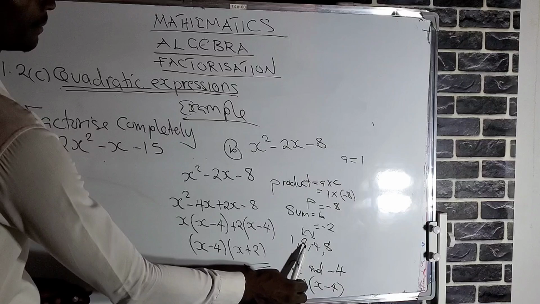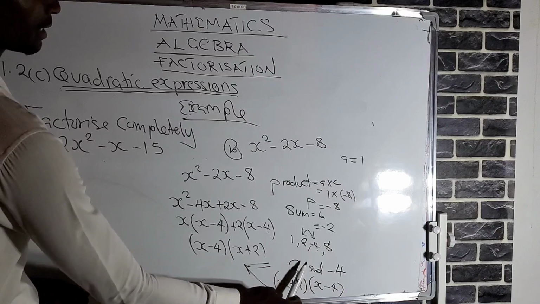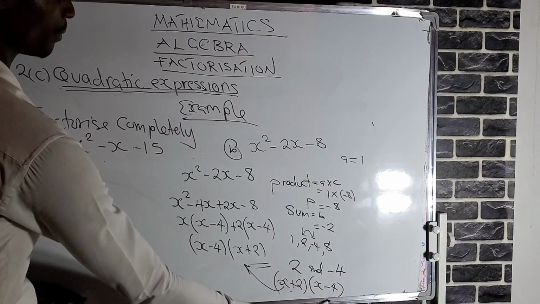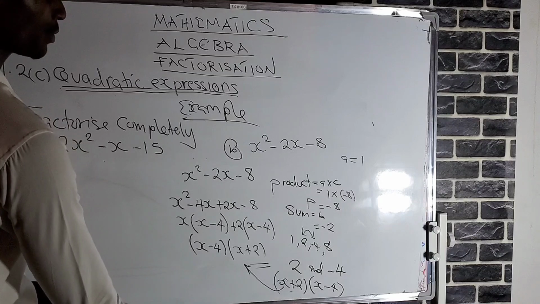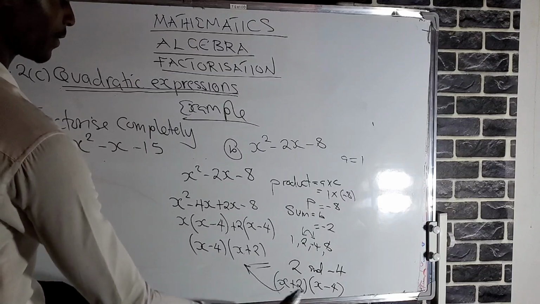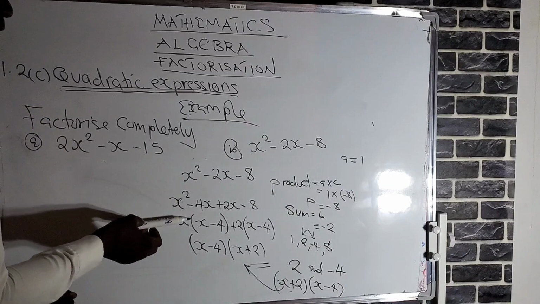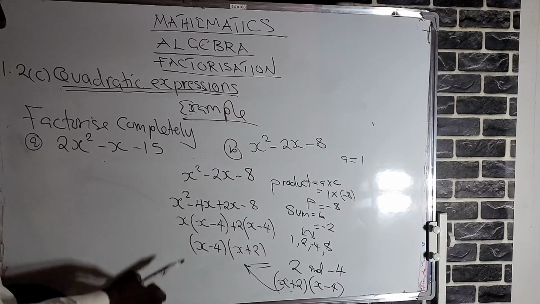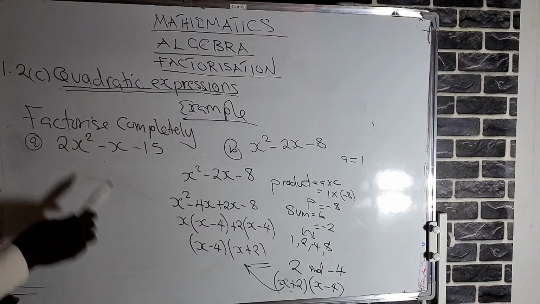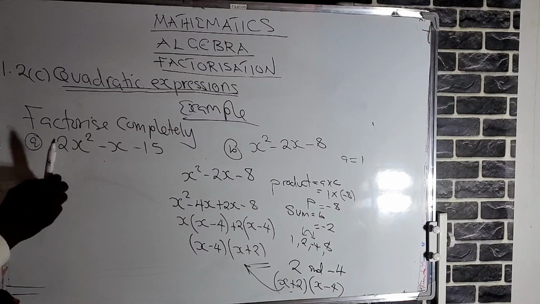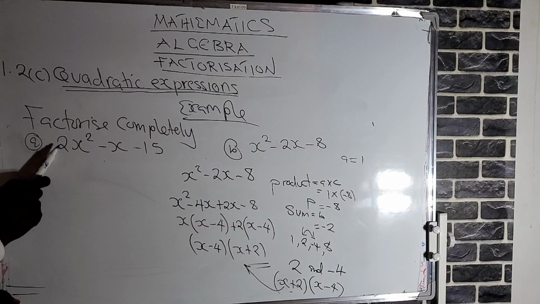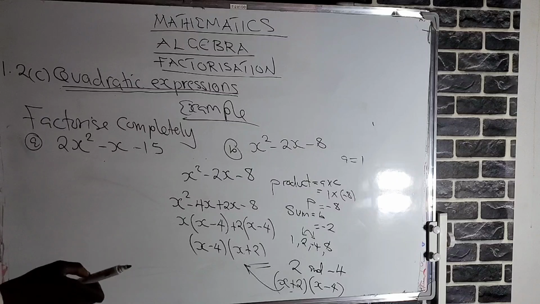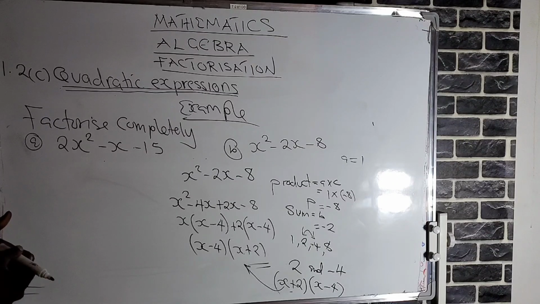I'm just showing you that you can know your final answer before you even factorize. There is also a trick for when the value of a is not 1, but I'm not going to show you right now. It's for another day. It's one trick at a time.